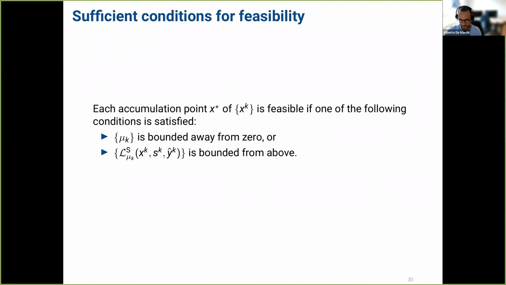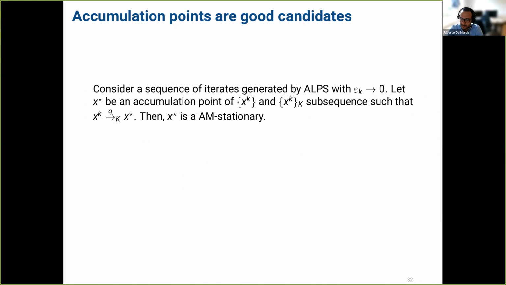Another condition is that the augmented Lagrangian evaluated along the iterates is bounded from above. Then the accumulation point will also be feasible. But this is a pretty standard result. What is less standard is that accumulation points here are indeed asymptotically M-stationary points for our problem.